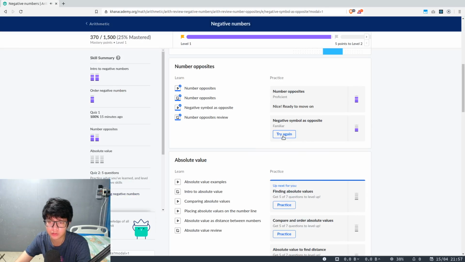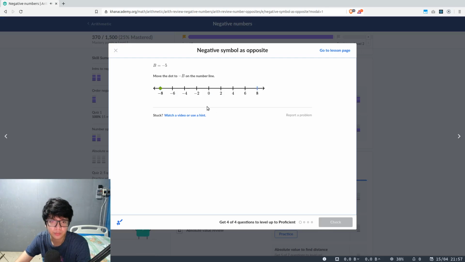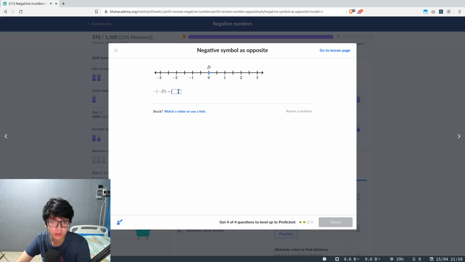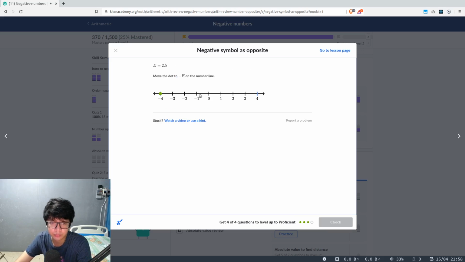Okay, let's try again. Move the dot to negative B on the number line. Which point represents negative? It's going to be positive 2. Still 0. Move the dot to negative E. Negative 2.5.